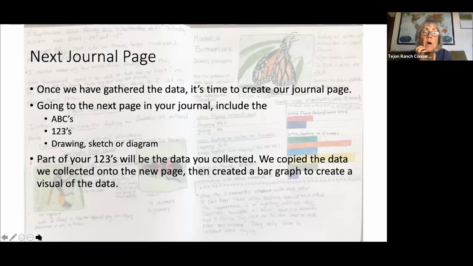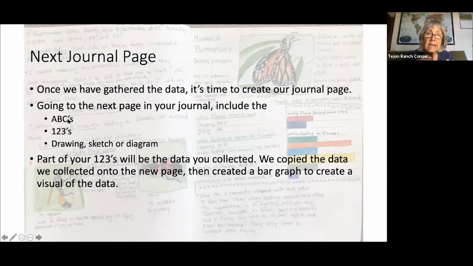All right. Once I've gathered that data, it's time to create my journal page. So I have this messy page that I just showed you where I was collecting data. It's part of my journal, but it's not the official journal page that I wanted to create. So remember what you're going to put in there, those 1, 2, 3s, which are what we're doing today.